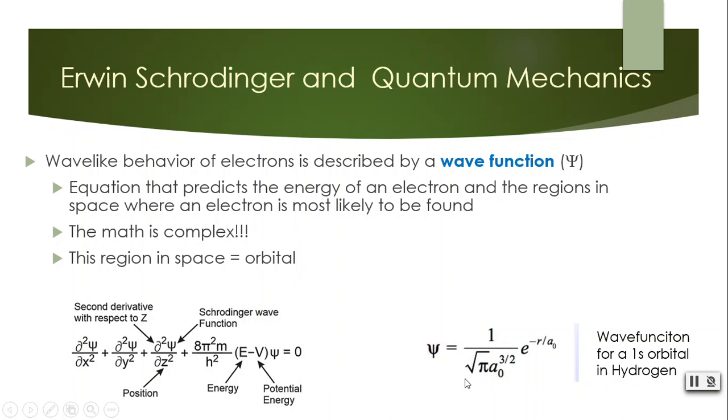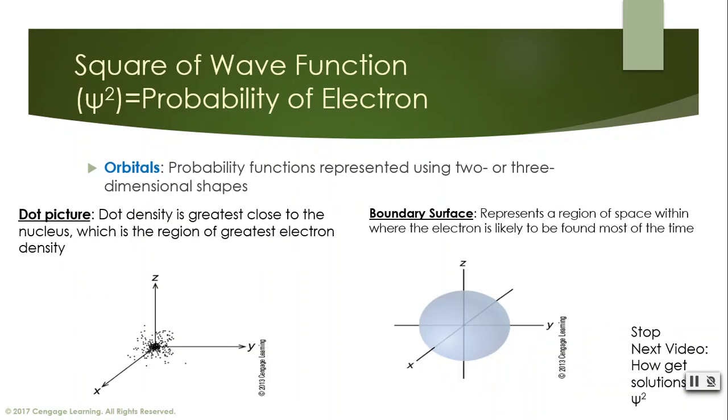These orbitals are specific to particular atoms. I just give an example here of the wave function for an electron in hydrogen. Don't need to memorize that. I just show it as an example. But those are the concepts that you should take away from this slide with regards to wave functions.